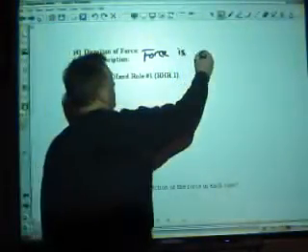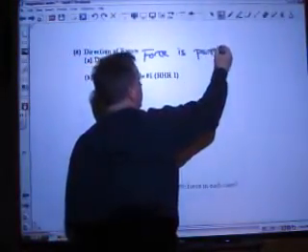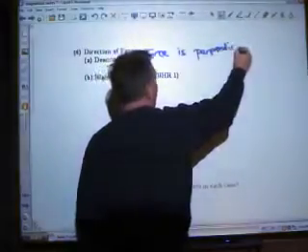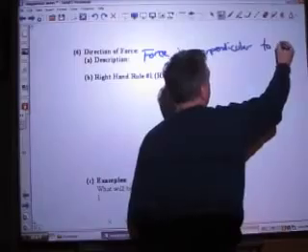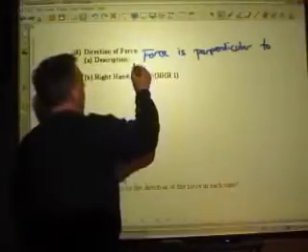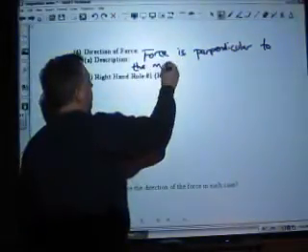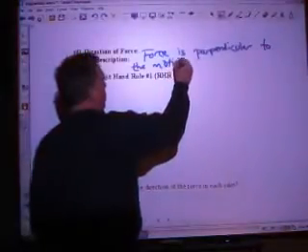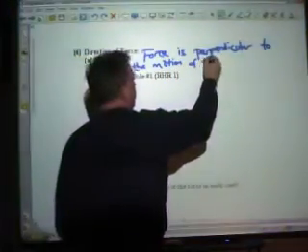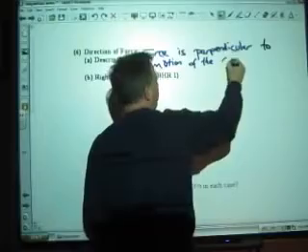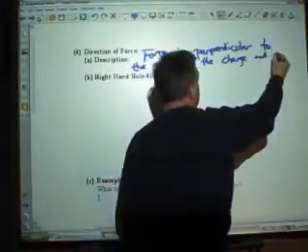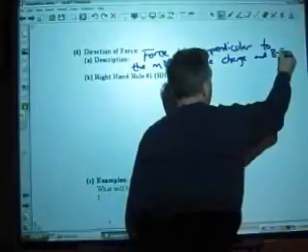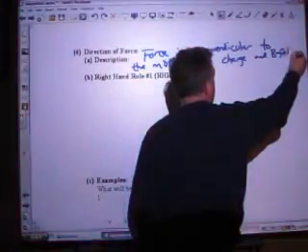is perpendicular to the motion of the charge and the magnetic field.